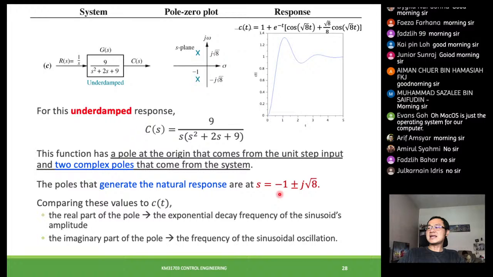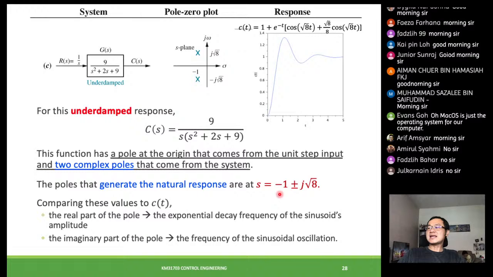You will get this behavior, right? So if you compare it to the time response itself, the real part of the pole represents the decay behavior, how fast it decays to the steady state or the final value.